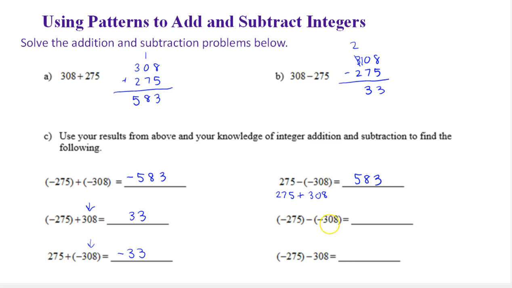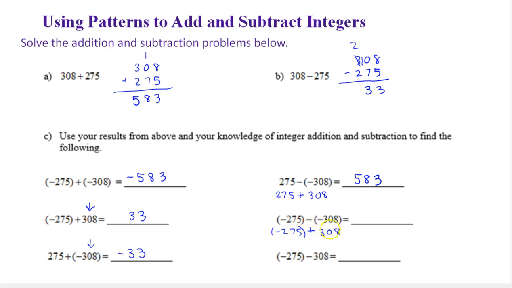Let's rewrite this subtraction problem as addition. The first number stays the same. Do nothing to the first number. Change subtraction to addition. Change the sign, take the opposite of the second number. This was negative, so I'm going to write a positive. So now we're adding two numbers with different signs.